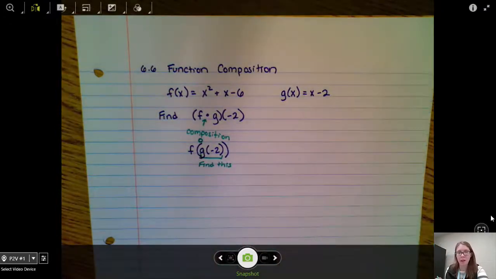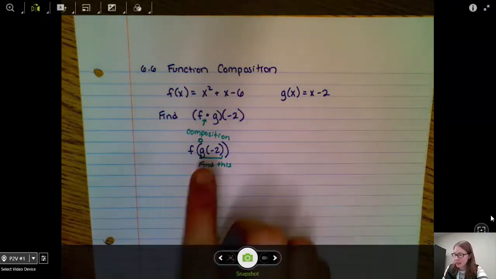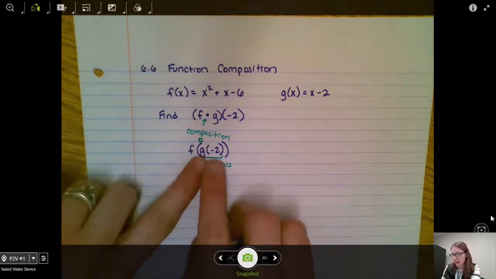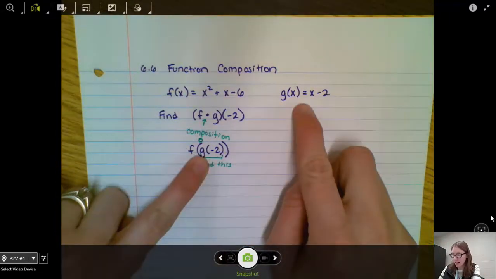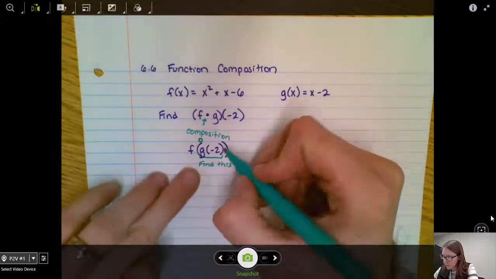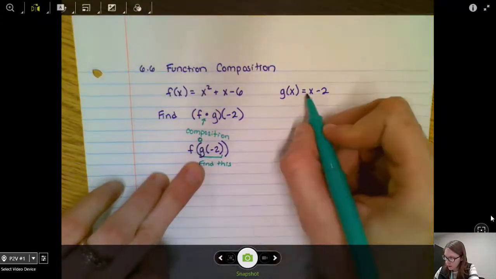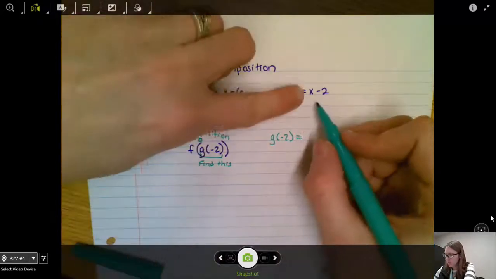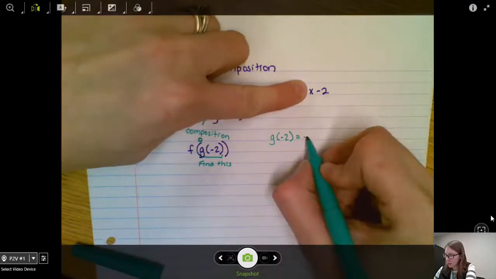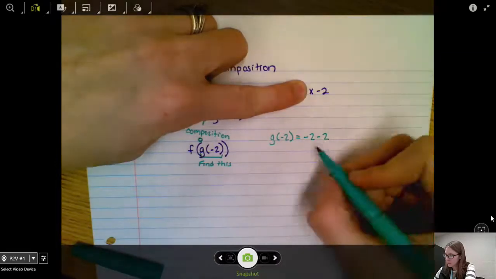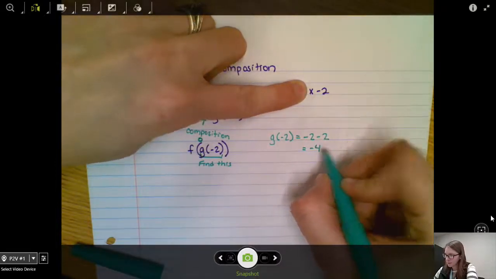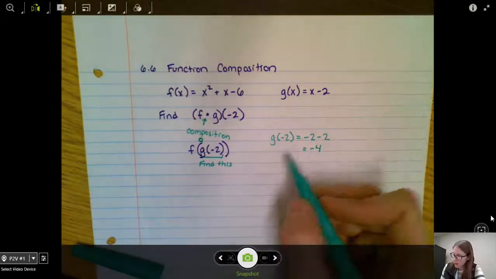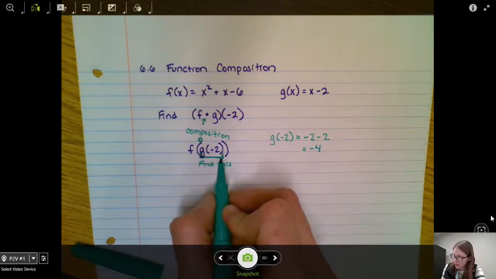And if you remember your function notation, g of negative 2 means I need to take negative 2 and plug it into my equation. G of negative 2 would equal negative 2 minus 2, which is negative 4. So that's what this little underlined piece is in my problem.